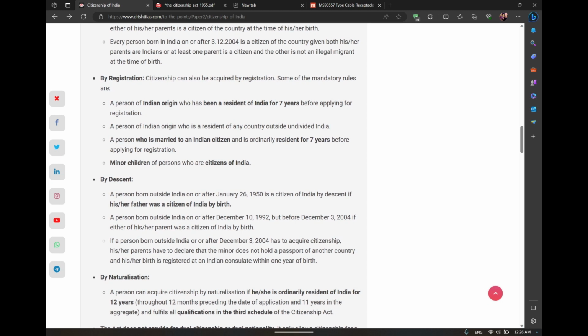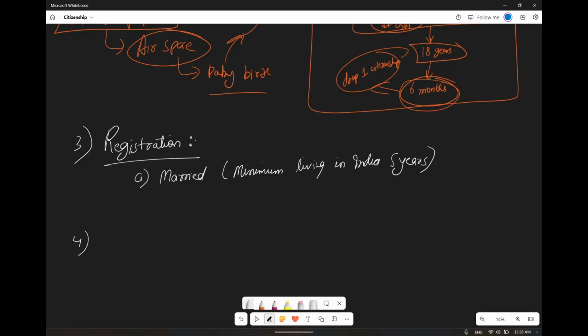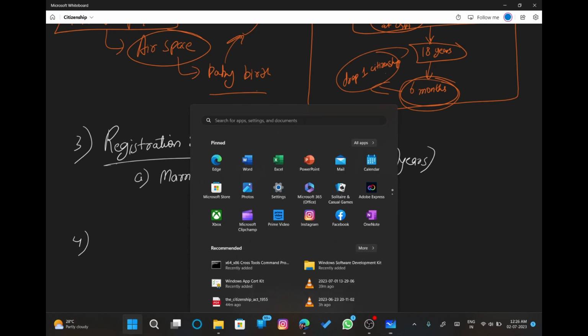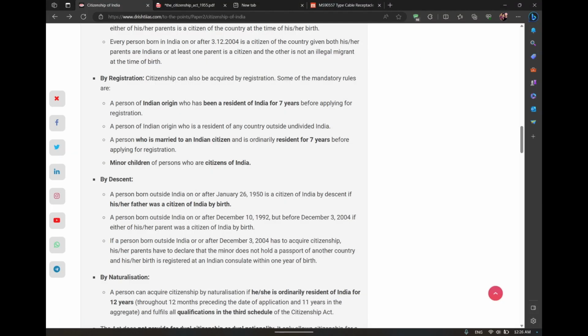Citizenship can be acquired by registration. Some of the mandatory rules are: a person of Indian origin who has been resident of India for 7 years, not 5 years. Let me correct it here, I had written 5 years. No, it is 7 years. Now, a person of Indian origin who is a resident of a country should be from undivided India.